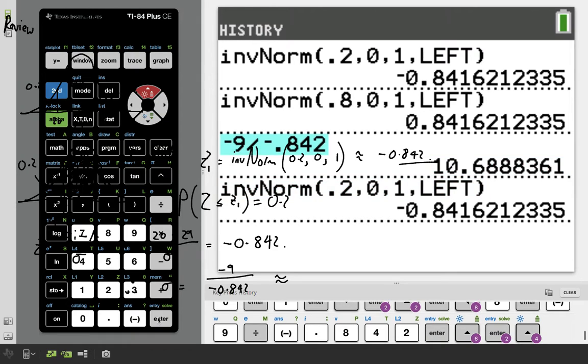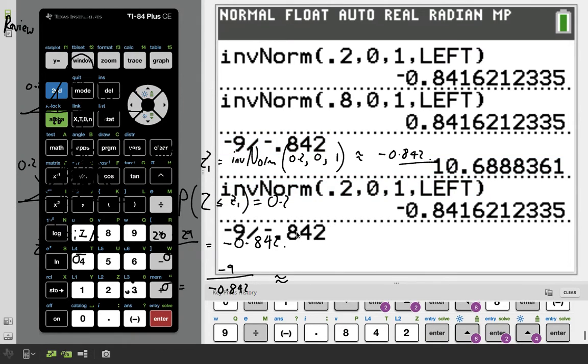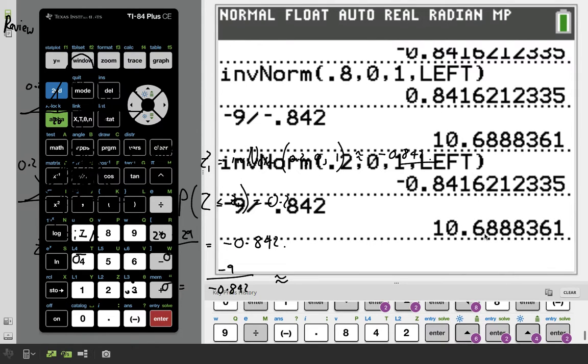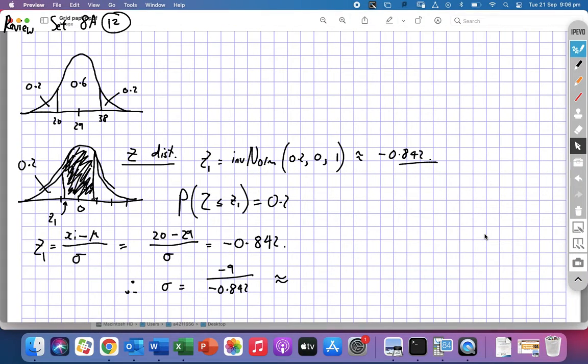So it's minus 9 divided by minus 0.842, and we get 10.7 if we're using 3 significant figures. Approximately 10.7 as our standard deviation. I might just write that down.